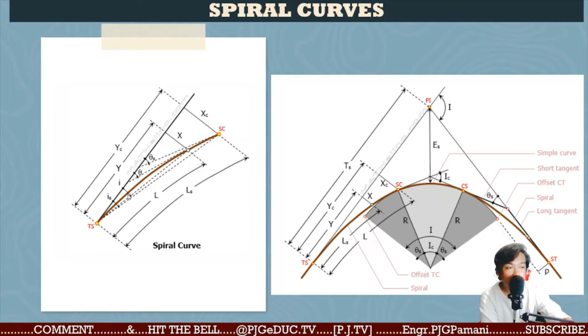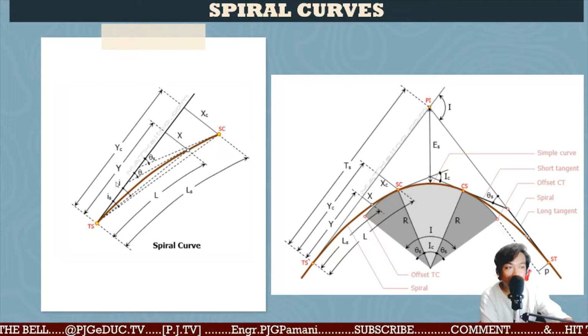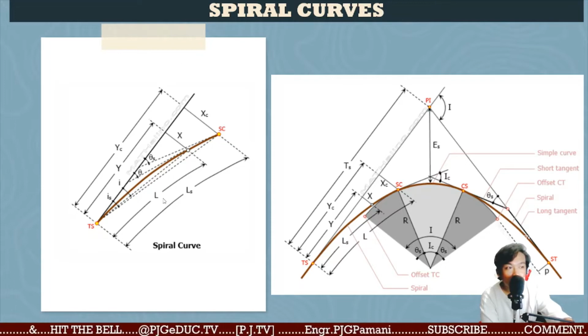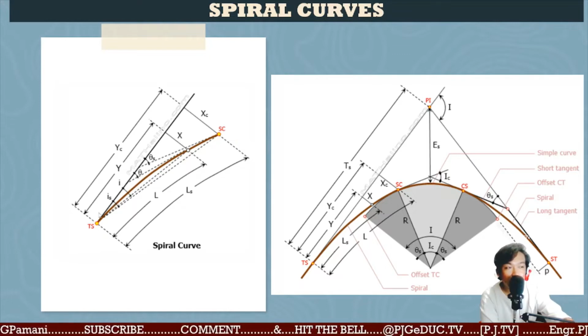Yung I is the deflection angle at offset distance X and Y. IS is the deflection angle at the offset distance of the spiral curve and Y. Okay? At any point yung theta ha, at saka yung I. Yung theta S at saka IS within the span of this spiral curve.